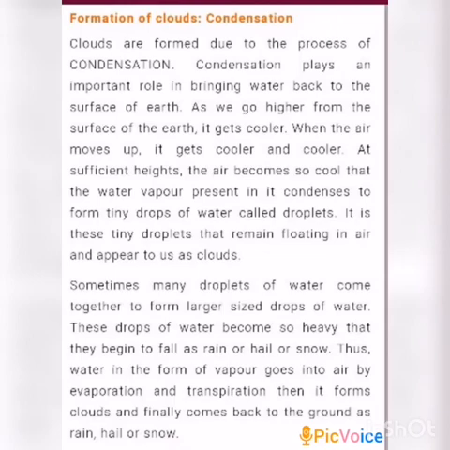Transpiration is a process of evaporation or loss of water by the plants. Then it forms clouds. At greater heights, the water vapor cools down and forms drops of water. These are called the clouds. And finally, the clouds come back to the ground as rain, hail or snow. This is the water cycle.